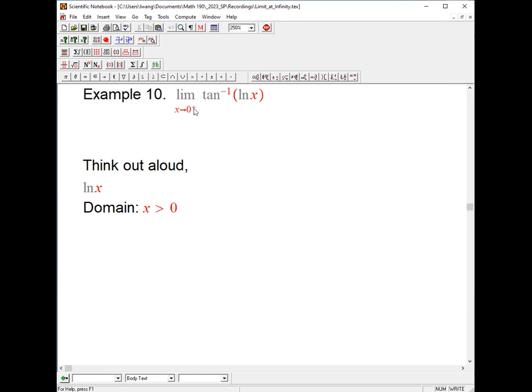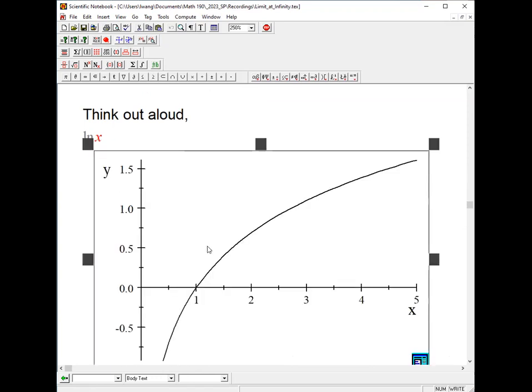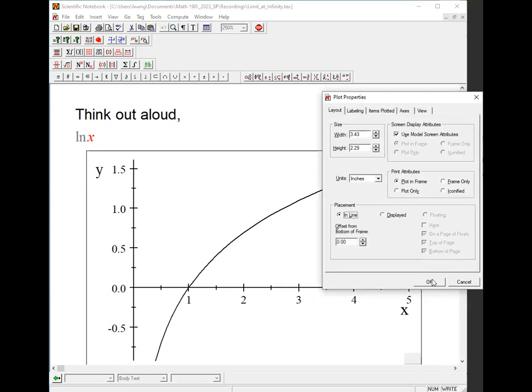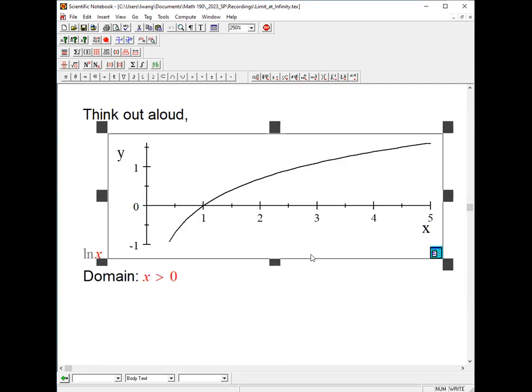That explains why we let x approach 0 from larger than 0. If you're not familiar with this function, please get familiar with it. You can find some recording on this function in the first week.